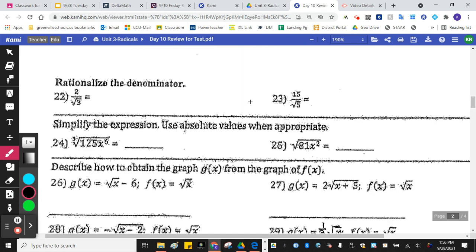Rationalizing the denominator is a lot like what we were doing today with complex conjugate, trying to get the radical out of the denominator. So you multiply the top and bottom by the same radical. So that's rationalizing.